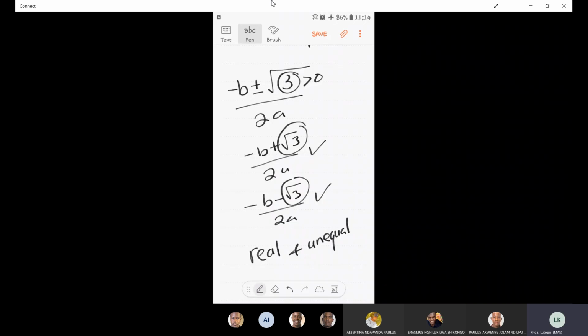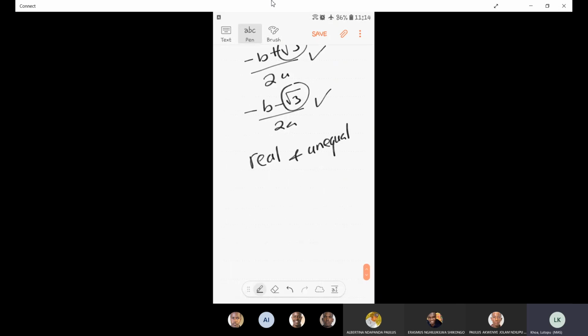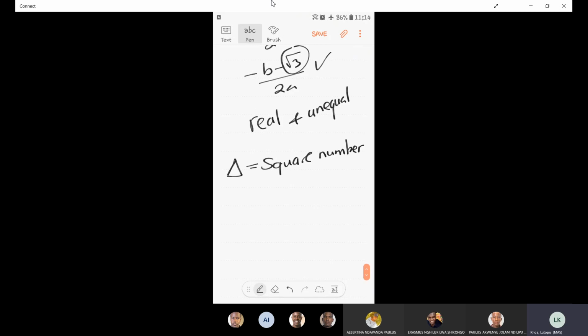Okay. Then it also sometimes happens where you have your discriminant being equal to a square number. Now, if your discriminant is equal to a square number, what you have is that your roots are real because every square number is positive, and you have roots that are rational.